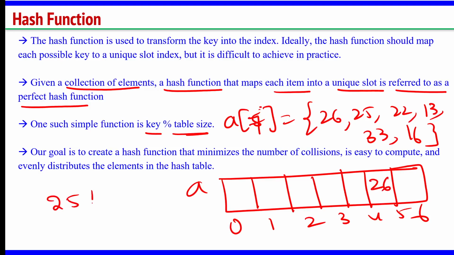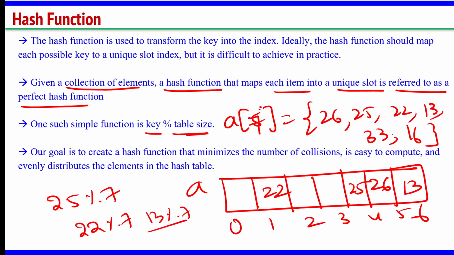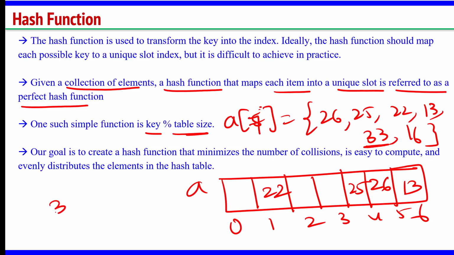Then 25 mod 7, the remainder is 4, so 25 comes here. 22 mod 7: 7 threes are 21, the remainder is 1, so 22 comes here. Then 13 mod 7 means it will go to 6, so 13 comes here. Again 33: what is 33 mod 7? 7 fours are 28, the remainder is 5.